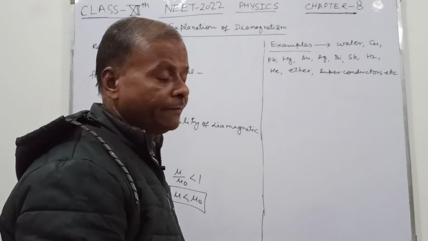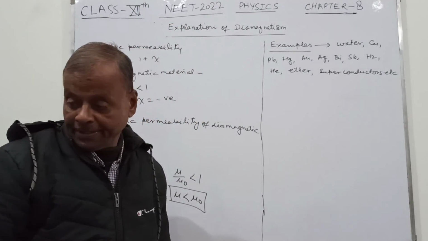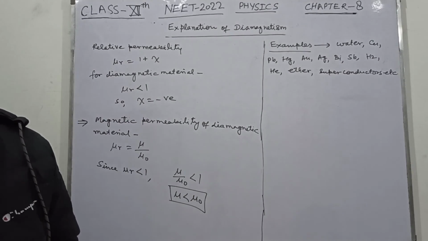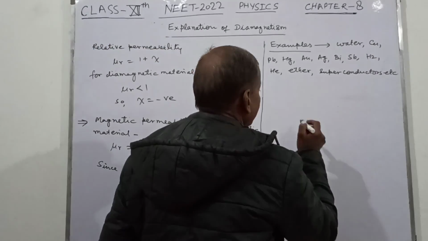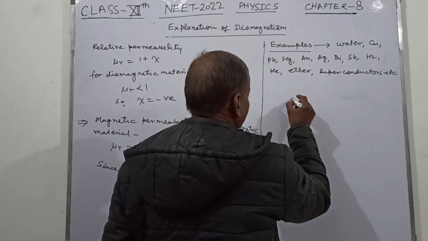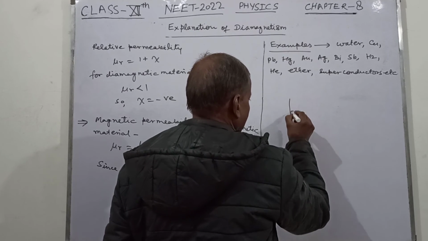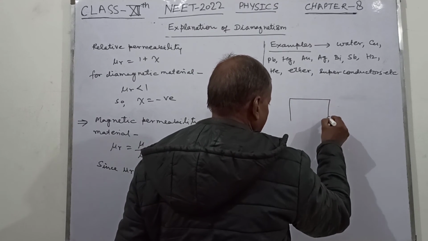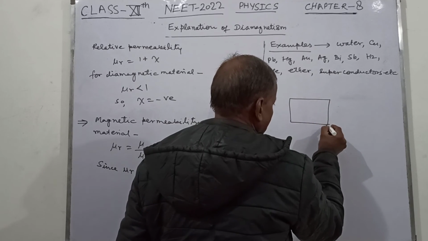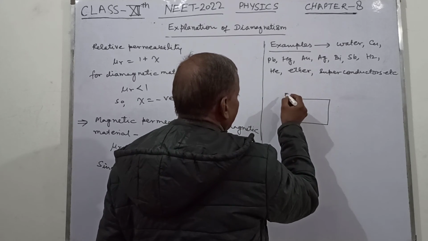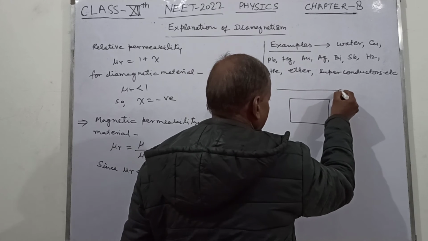Now, in the case of a diamagnetic material, suppose this is a diamagnetic material, the magnetic lines of force are like this.